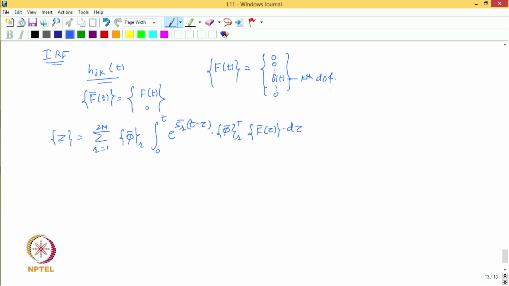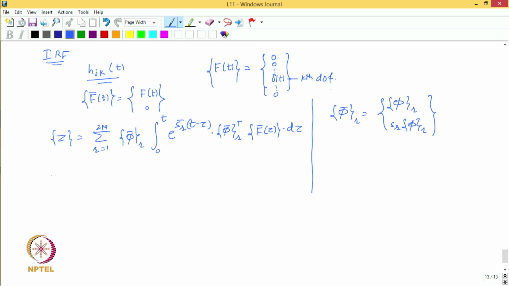And now, if we substitute f bar tau here, we should also recall that this phi bar r can be written as phi r into s r bar, like this. We can divide it into displacement coordinates and velocity coordinates, and displacement coordinates are phi r and the velocity coordinates of the eigenvector are phi r into s r.